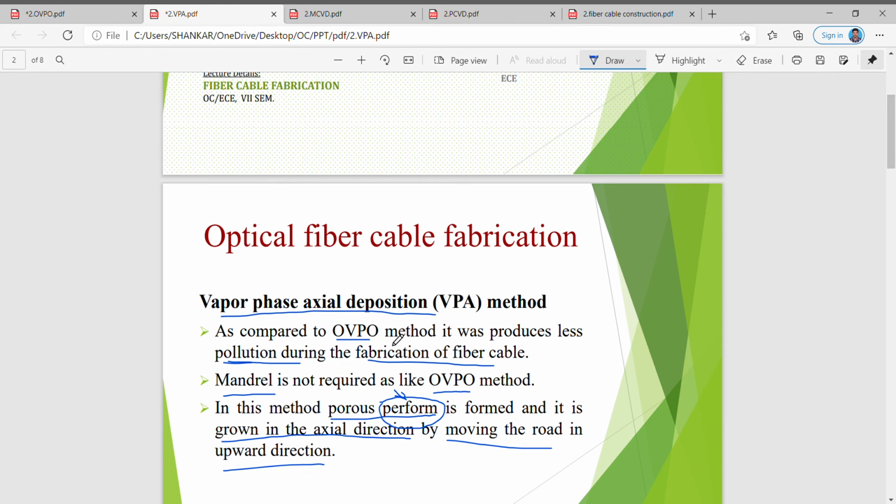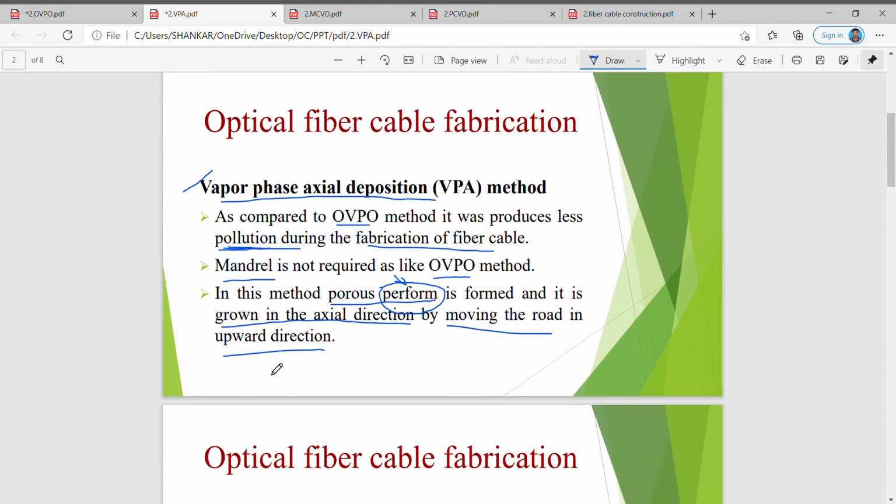Generally, this is the method used to implement the optical fiber cable, that means how the optical fiber cables are designed or fabricated. By using this method the fabrication of optical fiber cables has less pollution, and this method does not require any mandrel like the OVPO method.